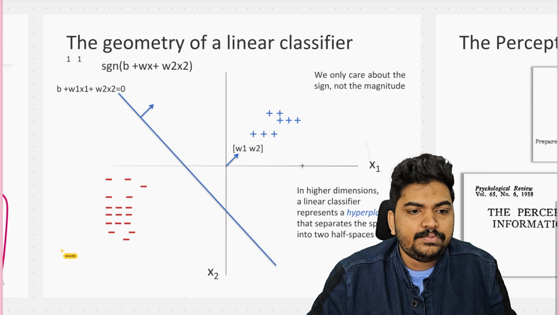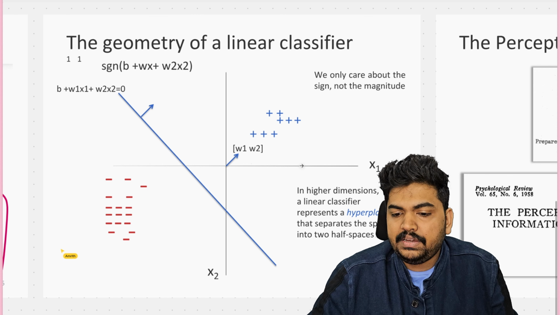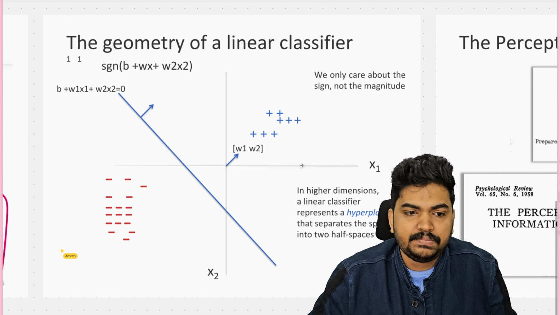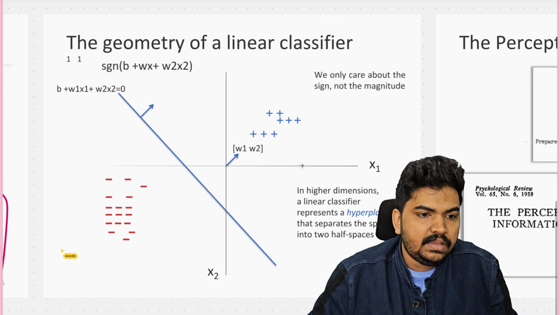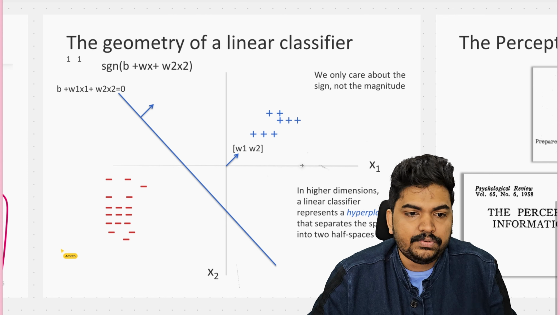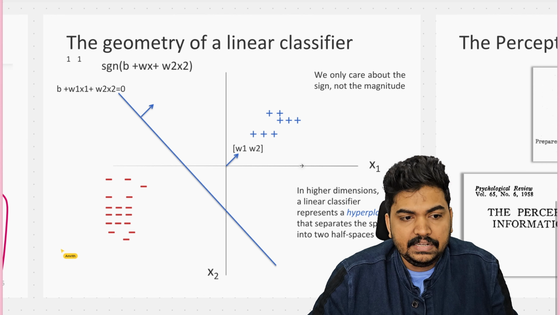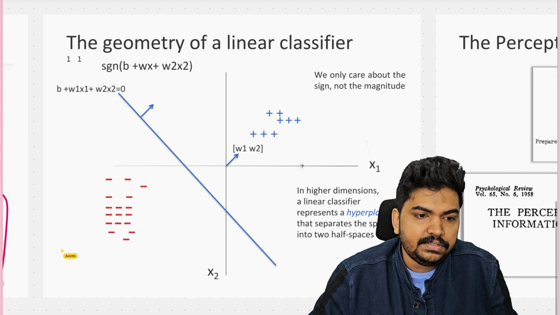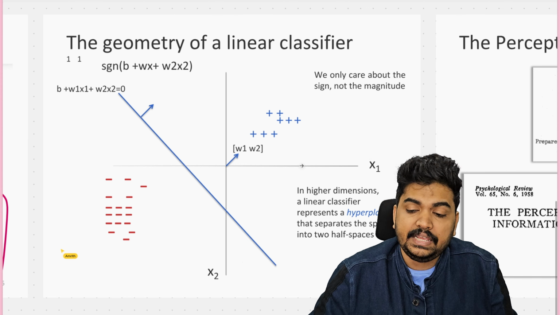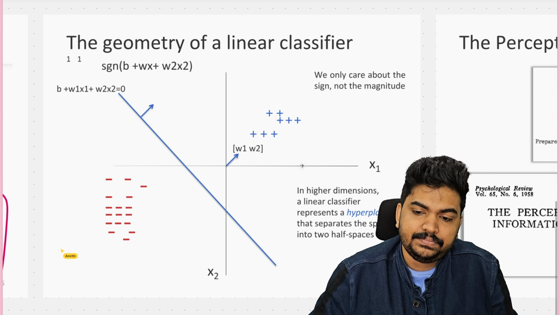The linear classifier has an intuitive geometry. A linear classifier defined in a two-dimensional space has a line as its separator or classifier. A plane in three-dimensional space forms the separator. A hyperplane in a d-dimensional space forms the separator.